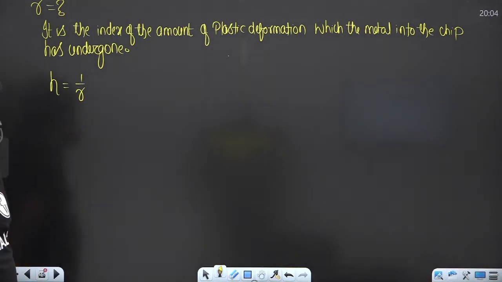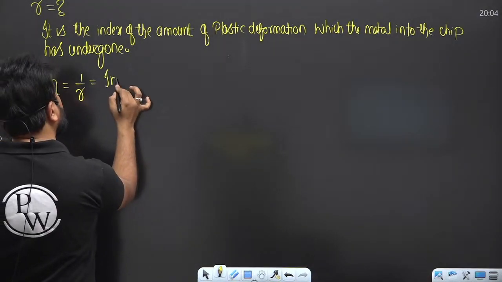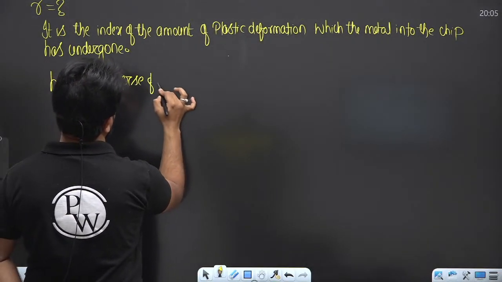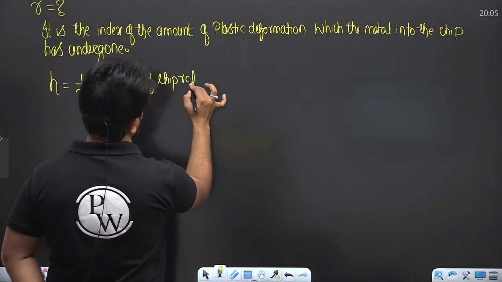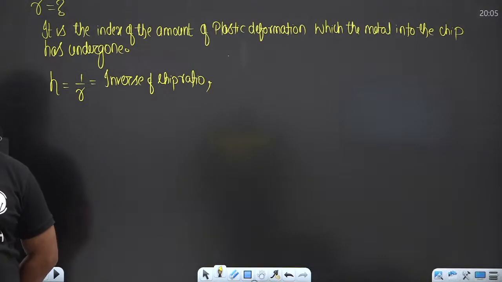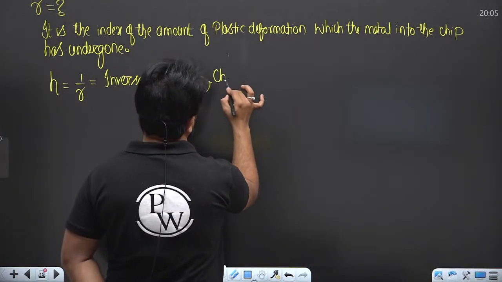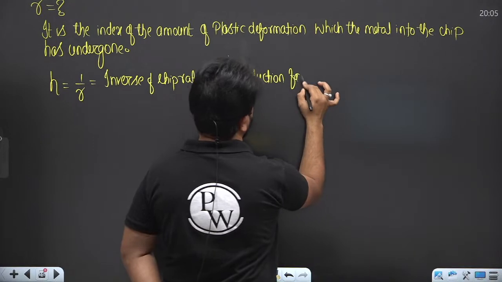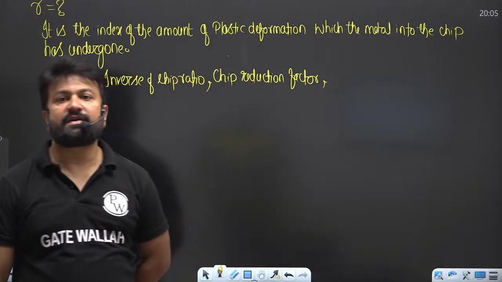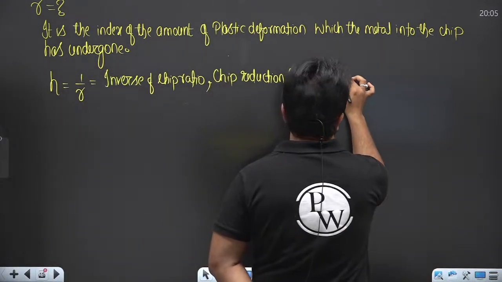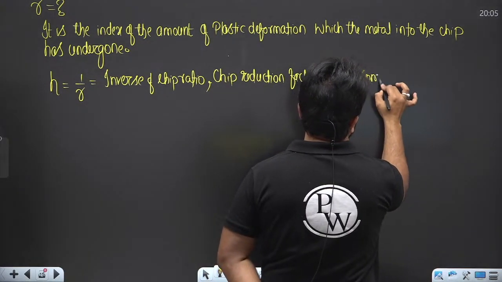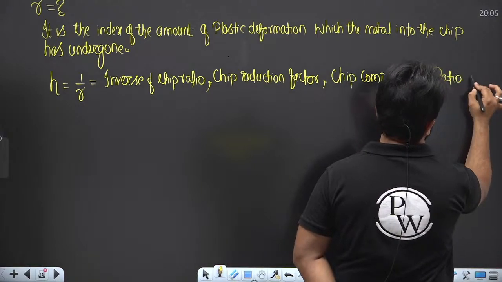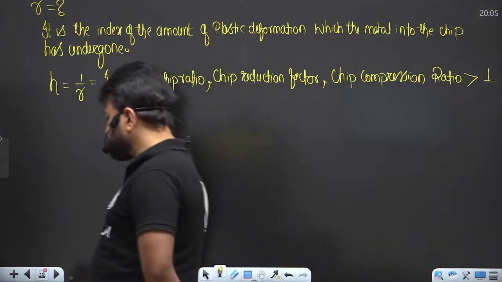This is the inverse of the chip thickness ratio, or we can also call it the chip reduction factor, or chip compression ratio. This is greater than 1.